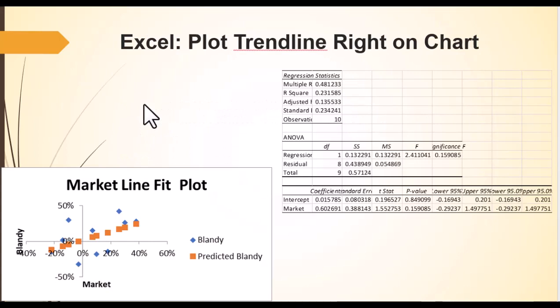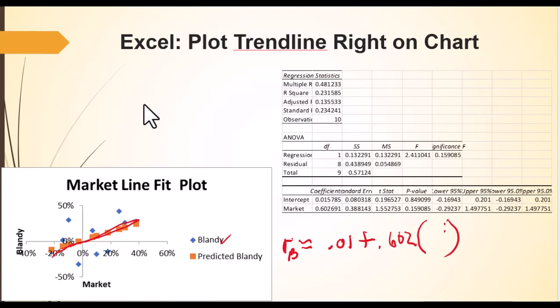So here, this is a plot. This is Blandy compared to the stock market. And here you see a line, right? This line represents the line for forecasting. The intercept, so the rate of return on Blandy, according to regression, is 0.01 plus beta, 0.602, multiplied by the return on the market.